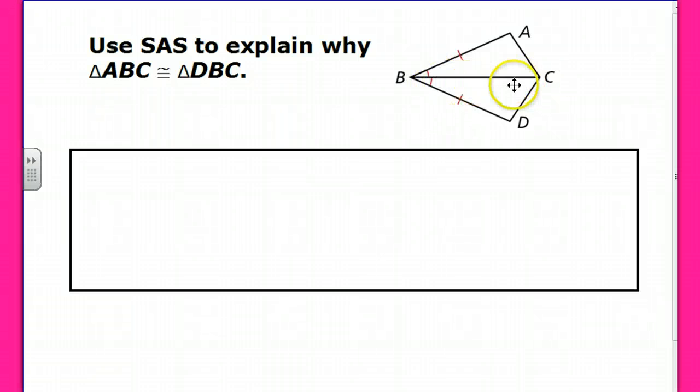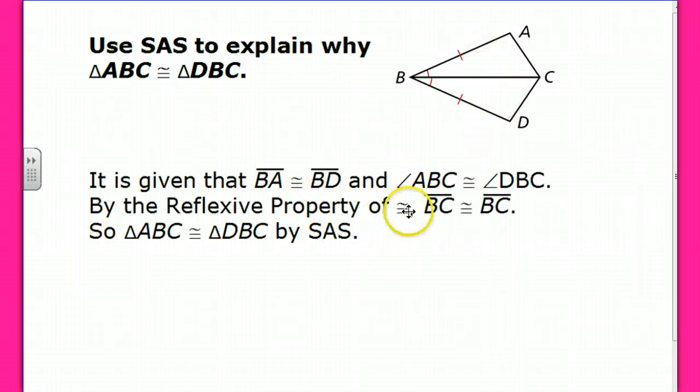BC forms a side of each of these triangles, and that is based on what? That's right, the reflexive property of congruency. So we could put little dashes there, I suppose. This side is congruent to itself. And so we can say by SAS that these two triangles are entirely congruent.